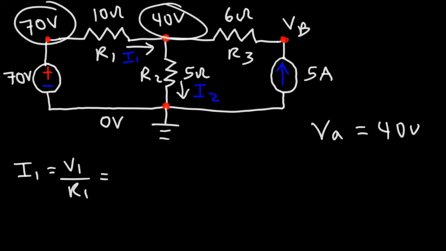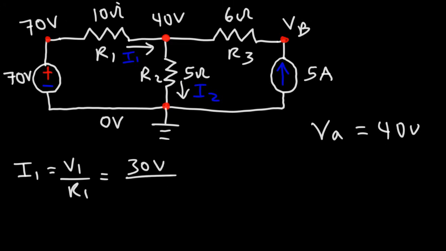It's 70 minus 40, which is 30 volts, divided by the resistance itself, which is 10 ohms. So 30 divided by 10, we have a current of 3 amps. So let's put this in blue.